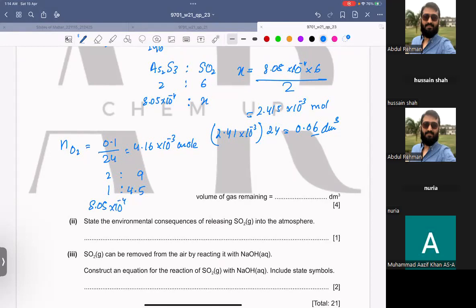So can anybody calculate the value of x and tell me? 3.62 times 10 to the power minus 3. So these are the moles that are reacted, and these are the initial moles. If I subtract these, I will get the remaining moles. Can anybody subtract these two and tell me the answer?